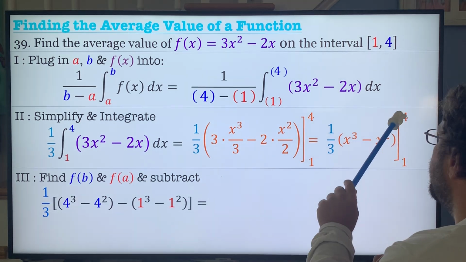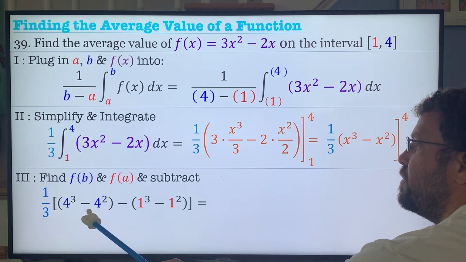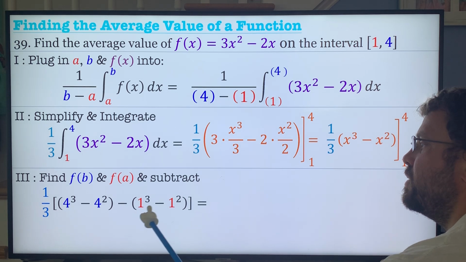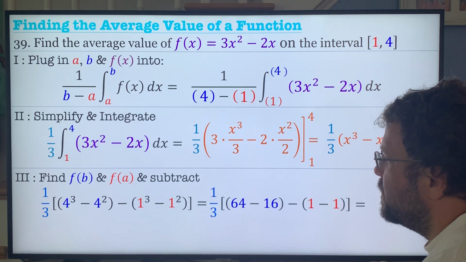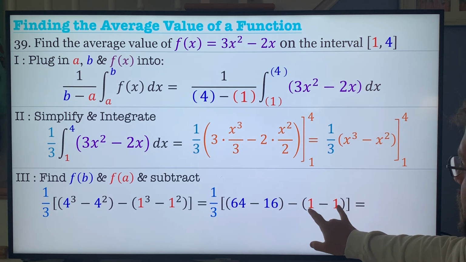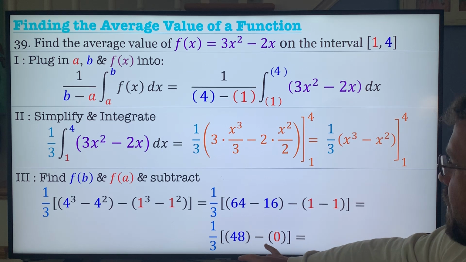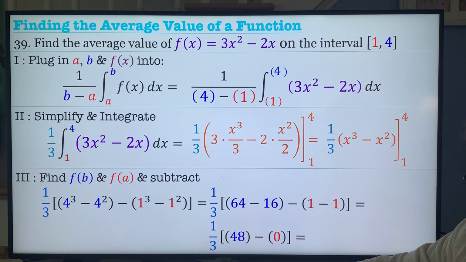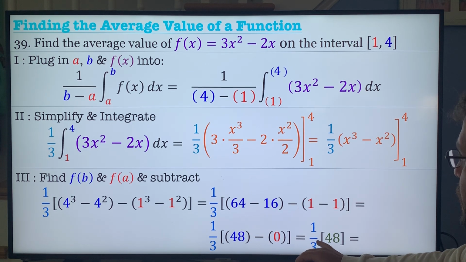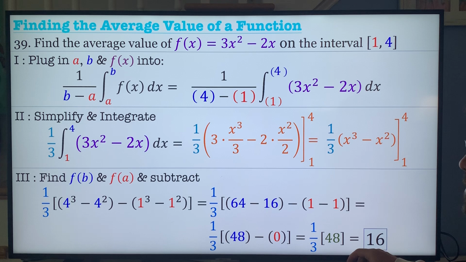Plug the 4 in, put the 1 in. 4 cubed is 64, 4 squared is 16, and 1 cubed minus 1 squared is 0. 1/3 of 48 minus 0. Still following? 1/3 of 48 is 16.